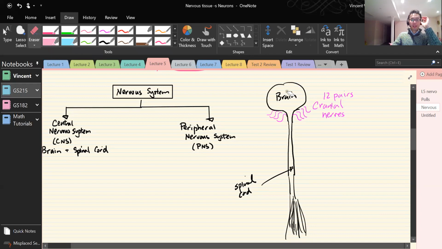It's not part of the CNS. Okay, you also have nerves that are coming out from your spinal cord. So these are spinal nerves. The only difference between spinal nerve and cranial nerve is where they originate from. If they originate from the brain, then we call them cranial nerves. If they originate from the spinal cord, then we call them spinal nerves.